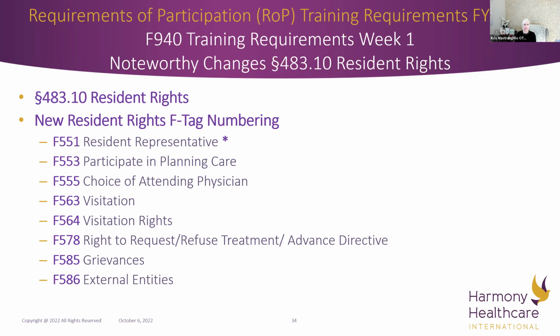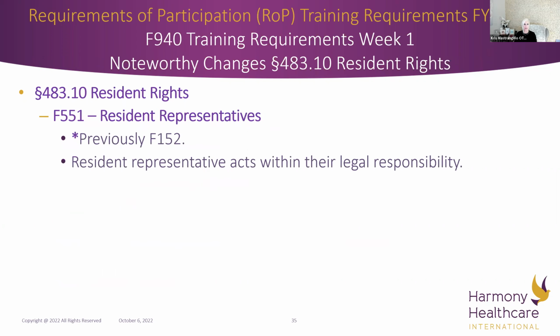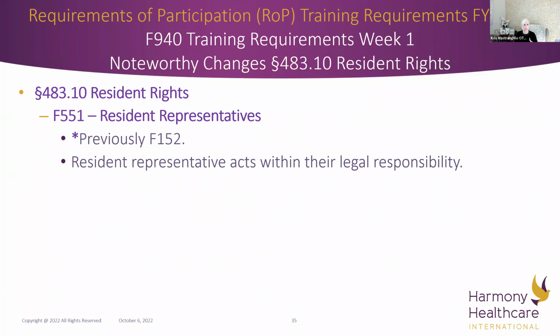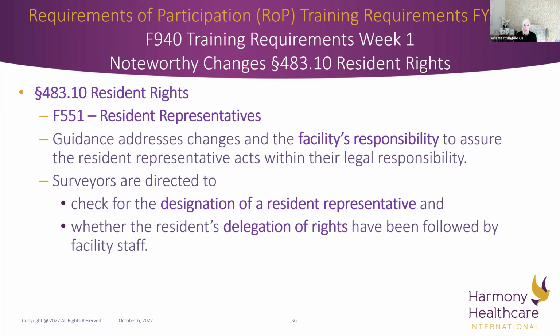And then a little asterisk on the res rep because it was previously a different number. I just sometimes pull that out. There is a crosswalk, but still, for those of us that like numbers. And as you can see, the representative acts within their legal responsibility. They don't color outside the lines. They don't do things that are not in their scope.